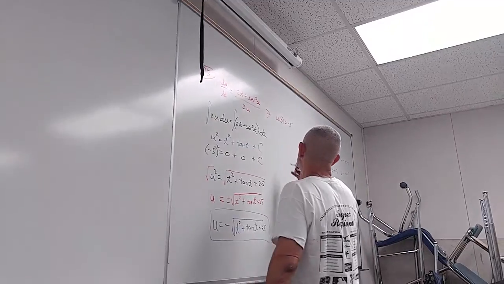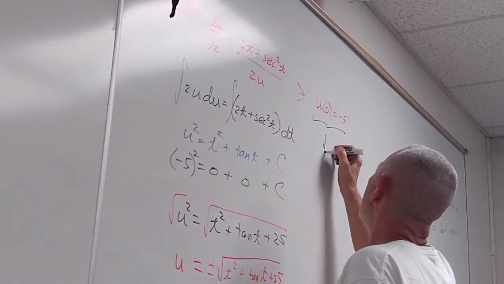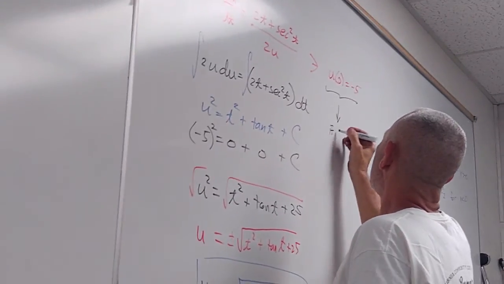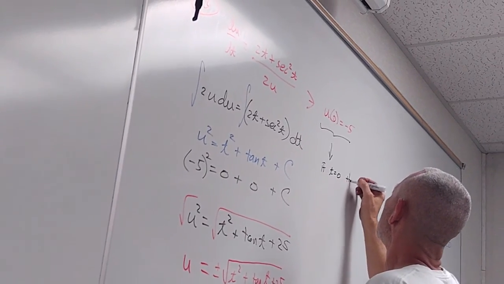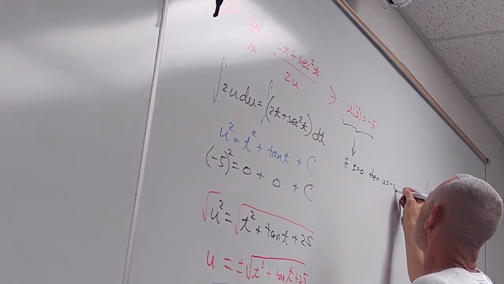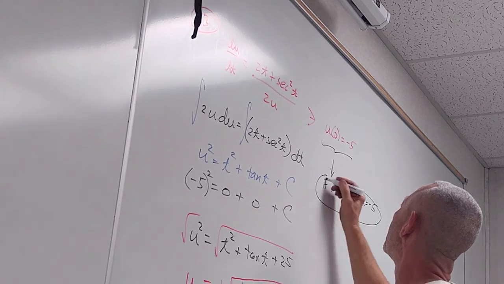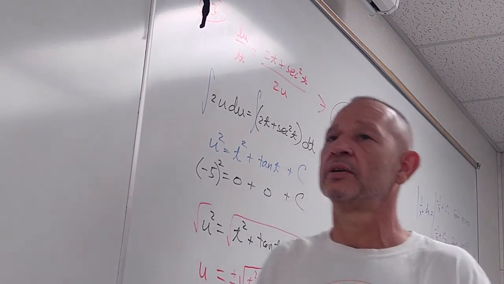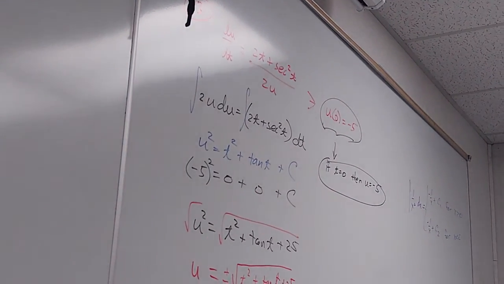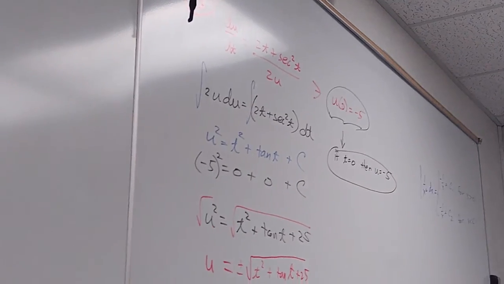Well, because this initial condition, translated into English, says that if t is 0, then u is -5. Questions?